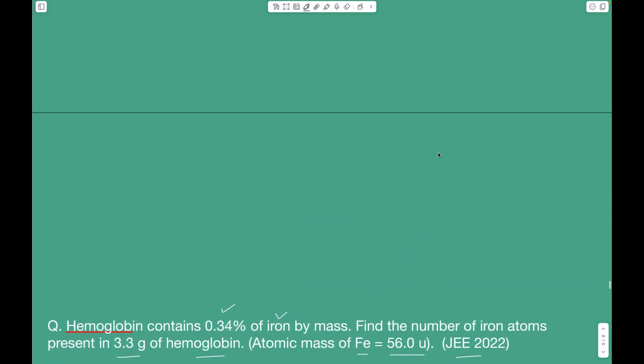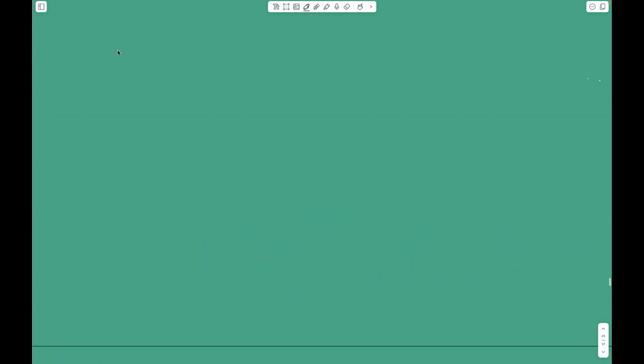Now the question is, where is this concentration term percentage by mass used? It is a very widely used concentration term. It is used to express the concentrations of commercially sold solutions. For example, the bleach solution that you buy in a supermarket expresses its concentration in percentage by mass.